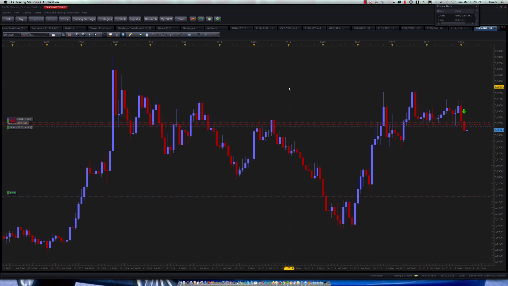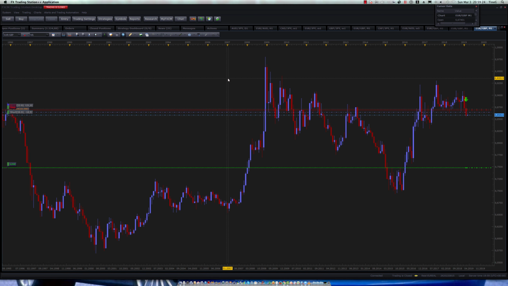But instead of making pictures, I wanted to make a video of why I took Euro Pound trades. Based on candlestick formation, support and resistance levels, and the wave movement.